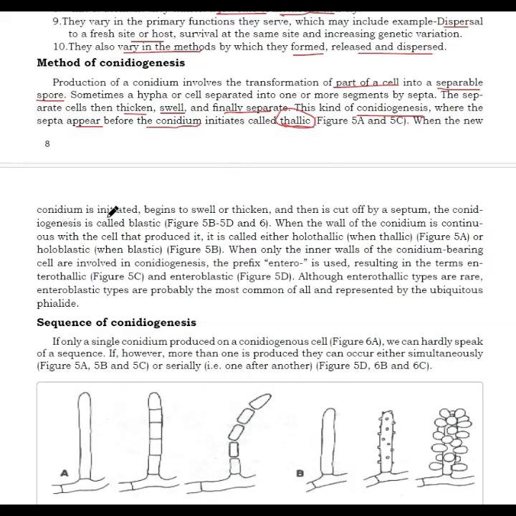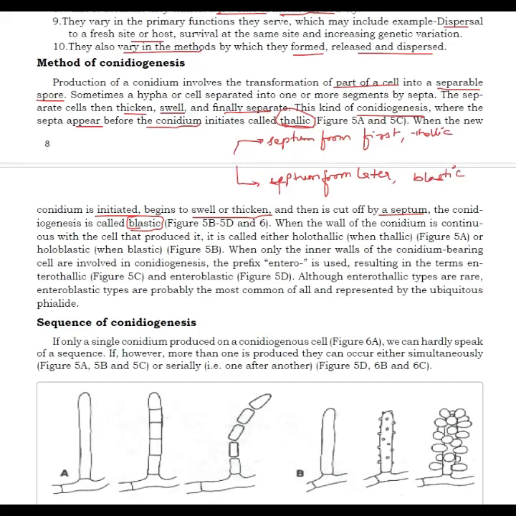When a new conidium is initiated, it begins to swell or thicken, and then it is cut off by a septum. This conidiogenesis is called blastic. When the cutoff is later on, it is blastic. So when the septum forms first, it is thallic, and when the septum forms later on, it is blastic.